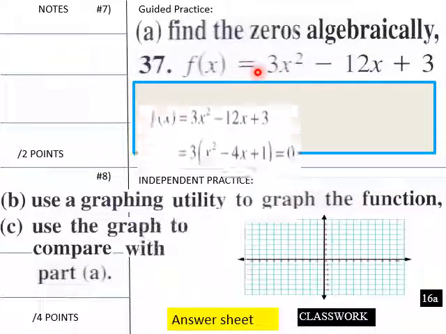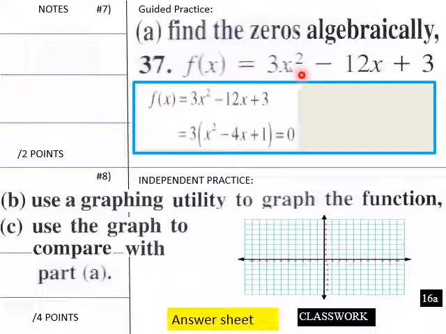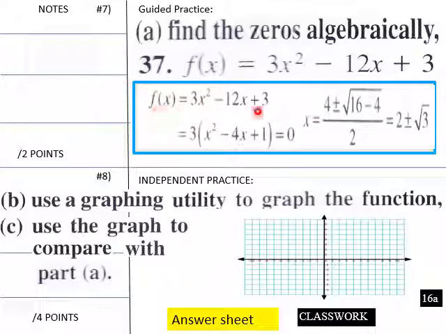So to solve this algebraically, first we can factor out a 3, and then we get this quadratic here. And then we can use the good old quadratic formula to find our solutions to this quadratic. And then we get this solution here, 2 plus or minus the square root of 3.